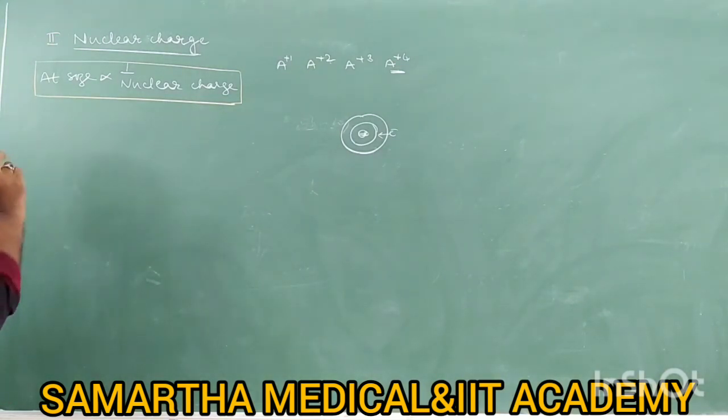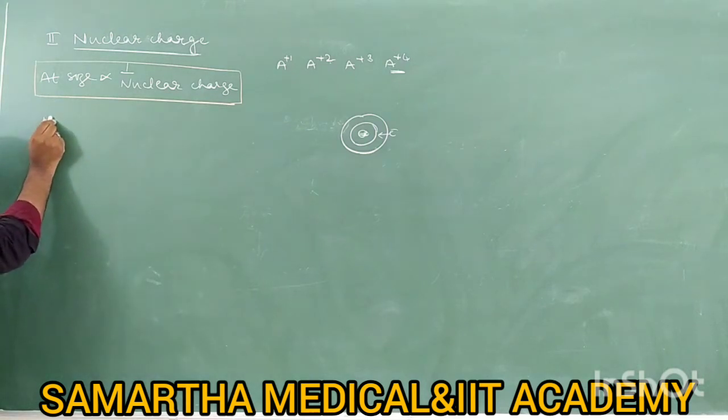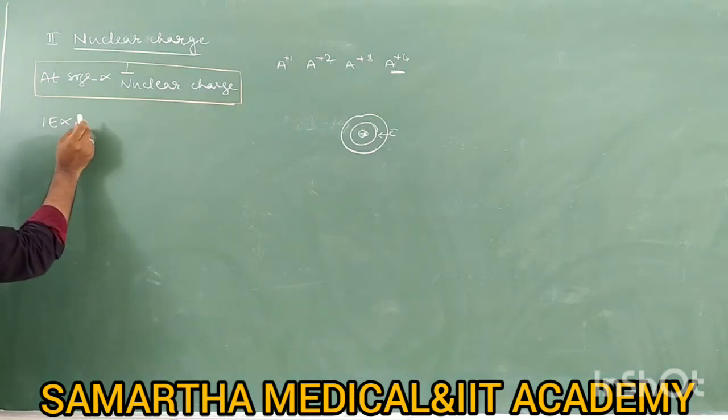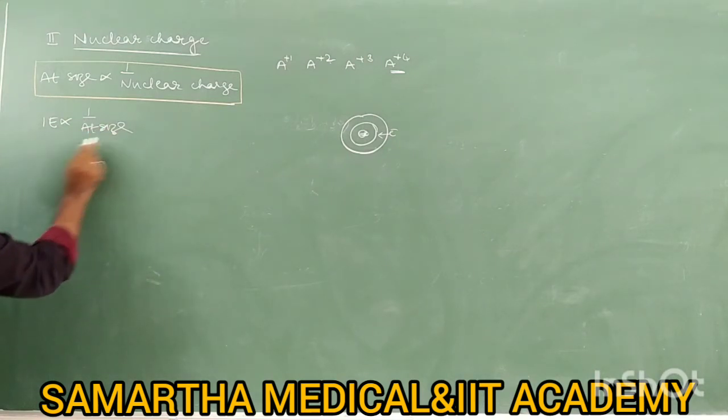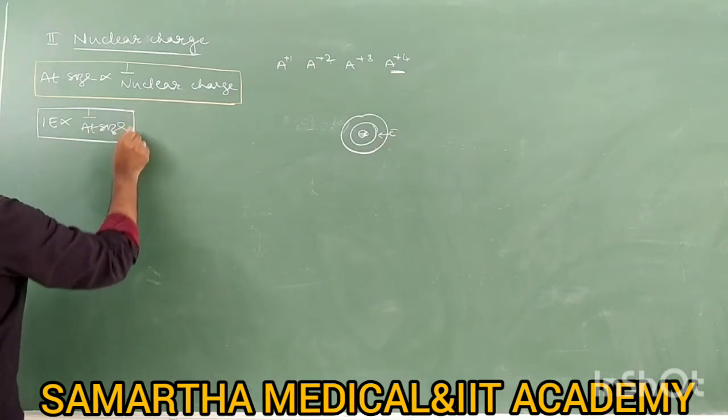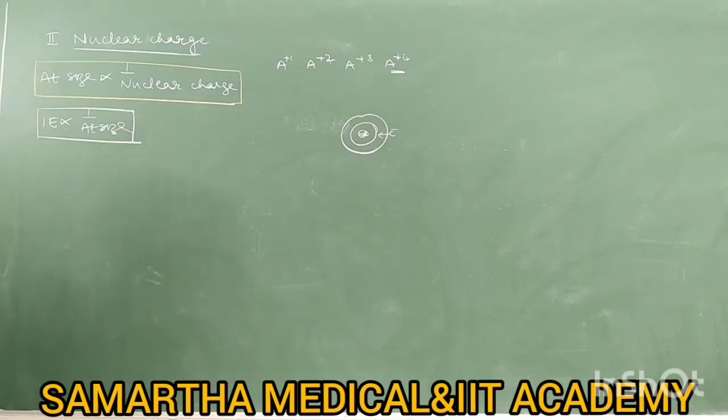But we also know that ionization enthalpy is inversely proportional to atomic size. It means when atomic size increases, IE decreases. We have just studied this.